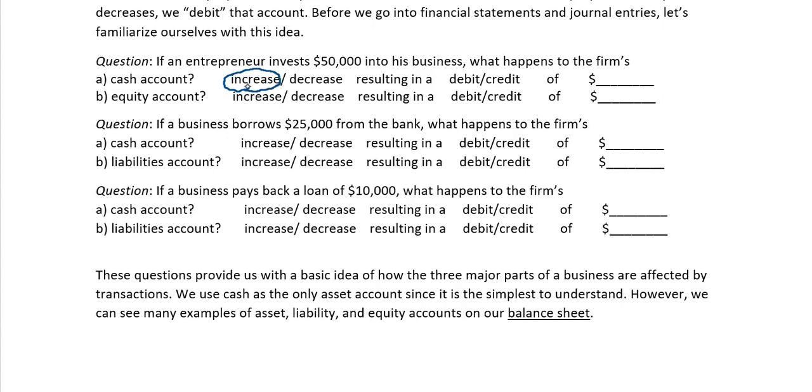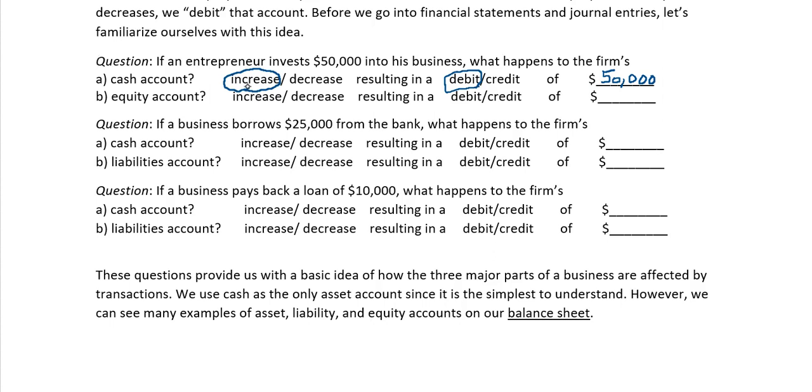And as we know, cash is an asset. It helps the business earn money. Therefore, an increase in any asset is a debit. How much? Well, that one's the easiest question of all, $50,000, which was the amount that the entrepreneur invested.